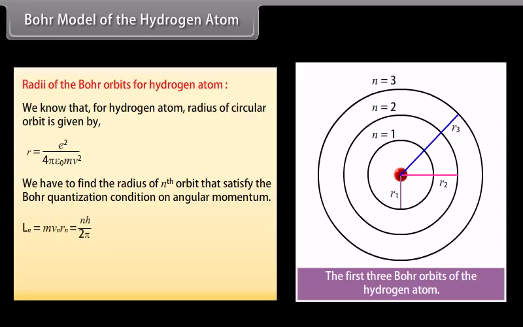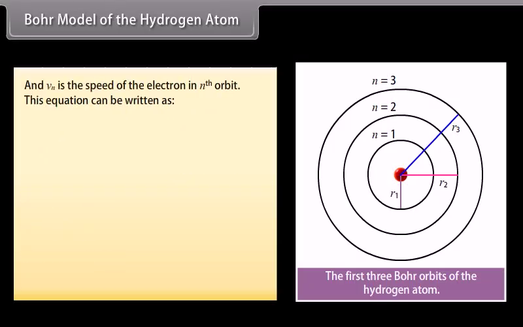Ln is equal to the product of m, vn and rn, which equals nh upon 2 pi, where n is equal to 1, 2, 3 and so on, and vn is the speed of the electron in the nth orbit. This equation can be written as vn equals nh upon 2 pi m rn.